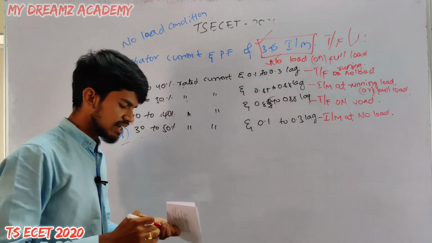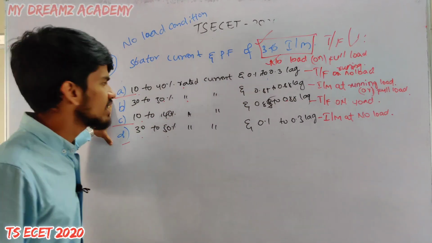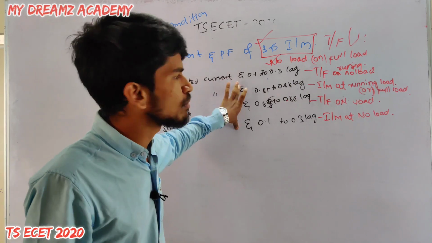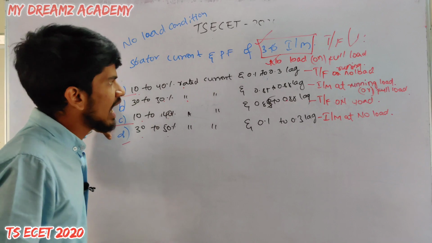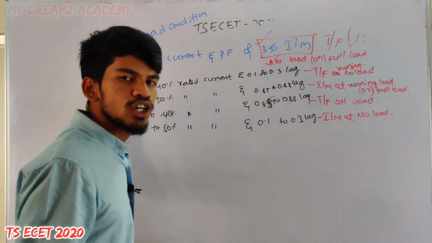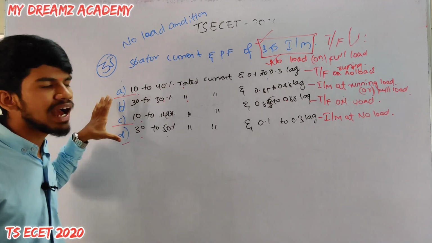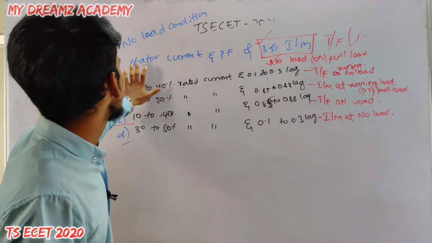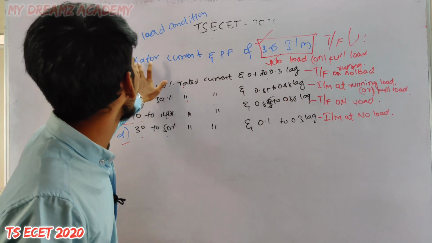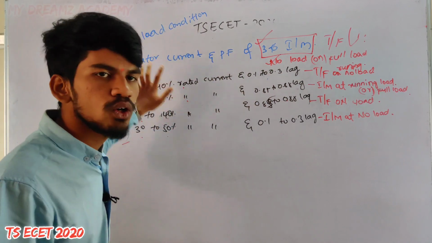So whenever they ask various conditions, you need to differentiate which condition is applicable to which motor, and also whether that motor is running at no load or full load. Our asked question is the stator current and power factor of a 3-phase induction motor at no load condition.